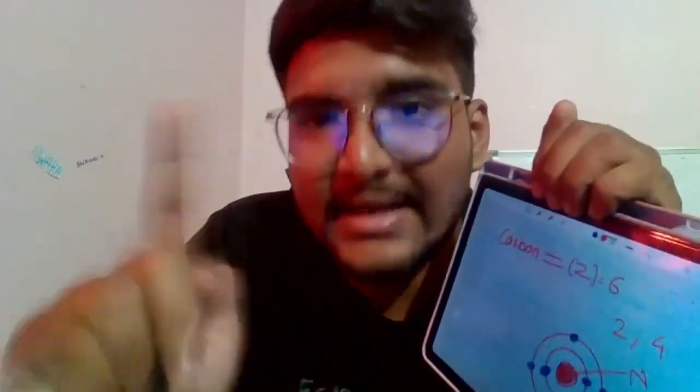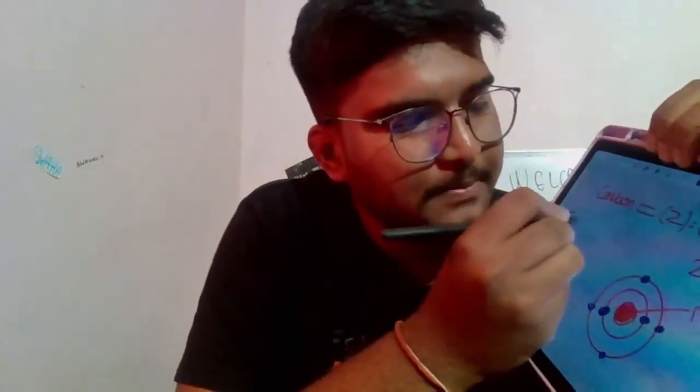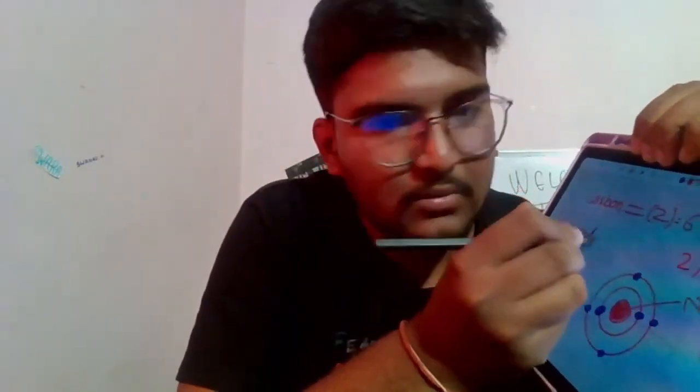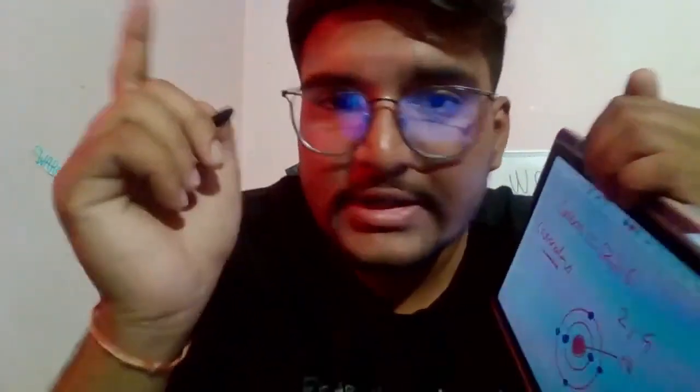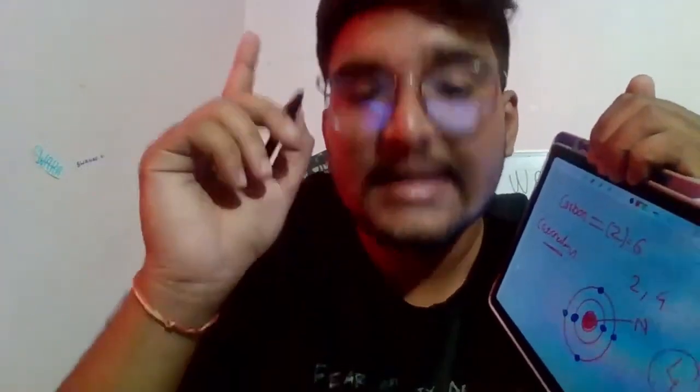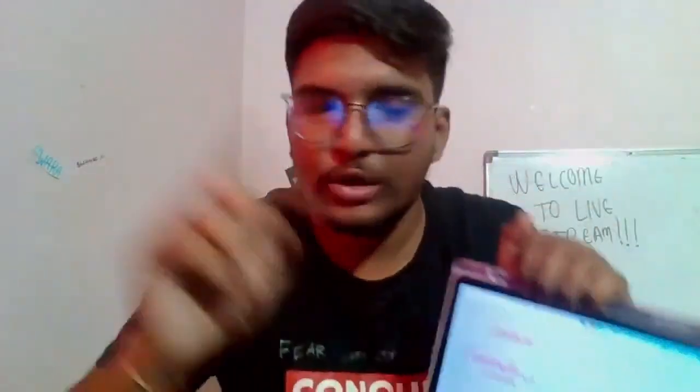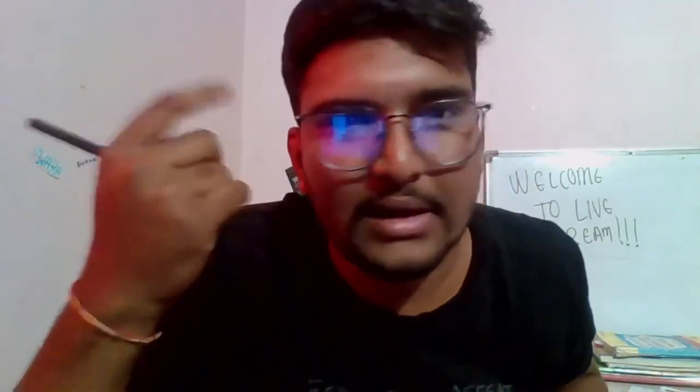First thing is catenation. Now what is catenation? Catenation means it will share 4 electrons. It can either give or take 4 electrons. Now this might sound quite confusing, but as you reach the 11th-12th standard, you will get this.